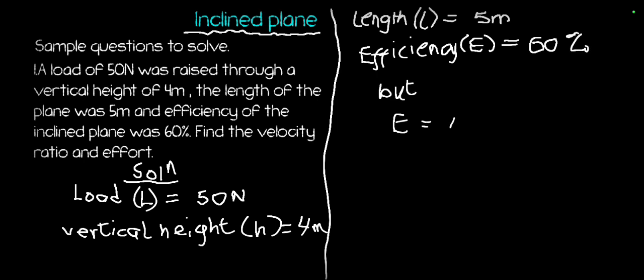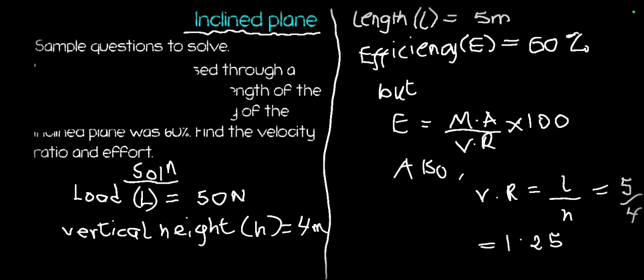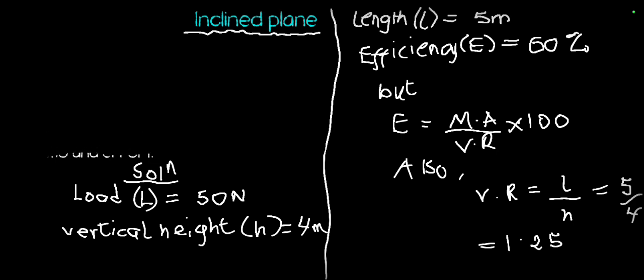We all know that efficiency of a machine is mechanical advantage over velocity ratio times 100. We also know that velocity ratio is equal to the effort distance, which is l over h. So 5 over 4, we are getting 1.25. That's our velocity ratio. We were already given the values in the question, so you can just plug into the formula and find the velocity ratio.